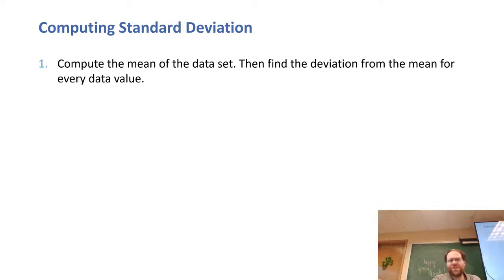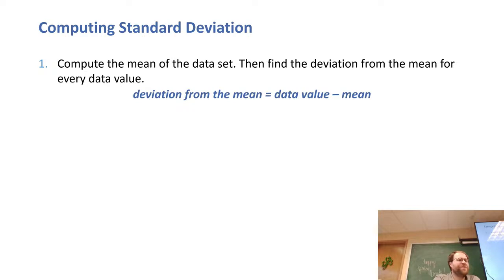To figure out the standard deviation, first step is always figure out the mean of the data set. And then we're going to figure out how much it deviates from the mean for every data value. So that's just whatever the data value is minus the mean to find the deviation.